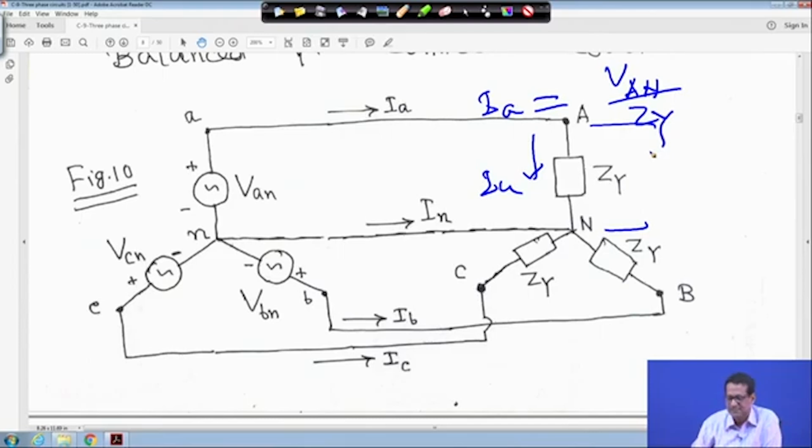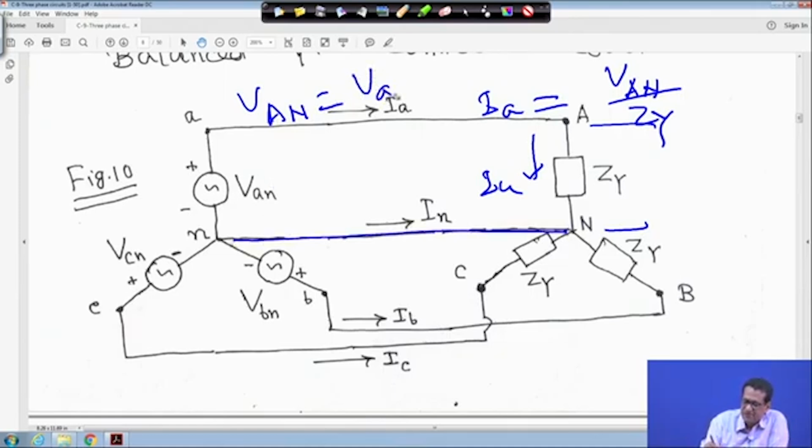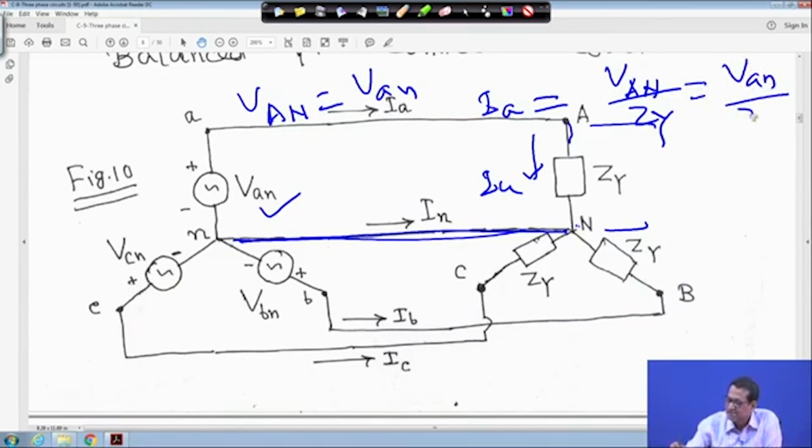Because the voltage here is VAN, nothing is connected here, no element is connected here, so the voltage across the impedance is equal to this VAN. So you can write IA is VAN by ZY.